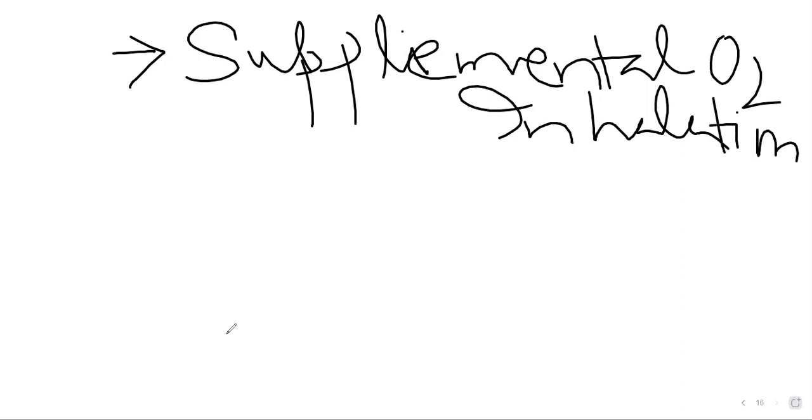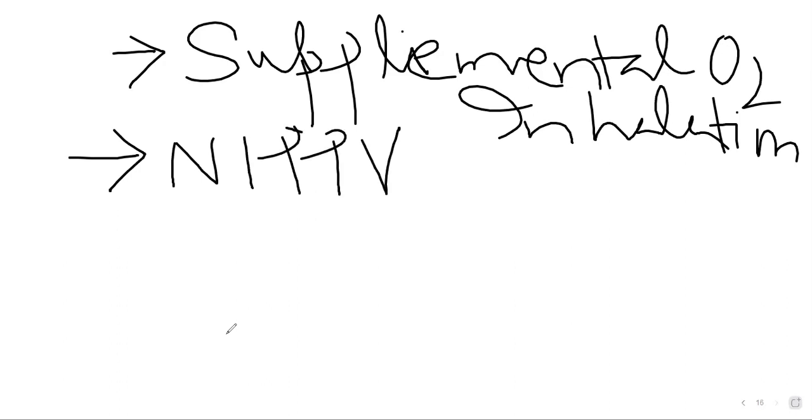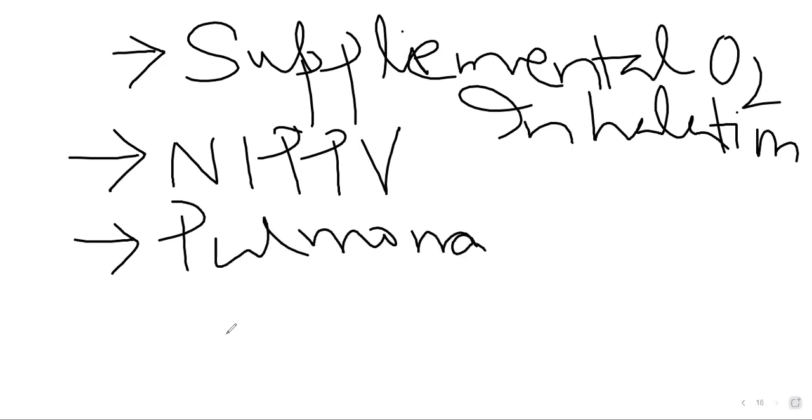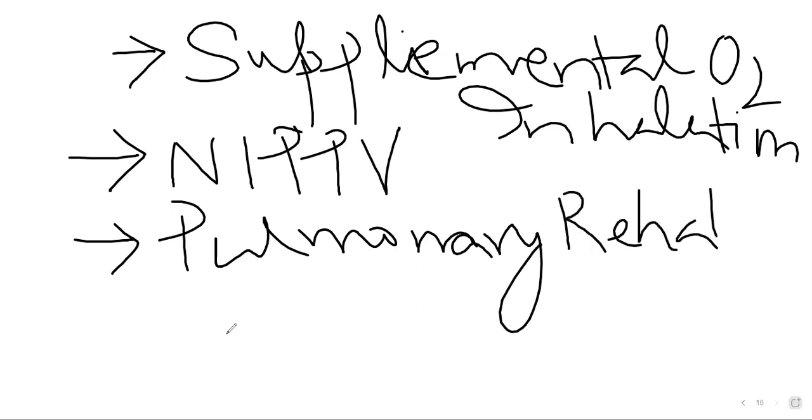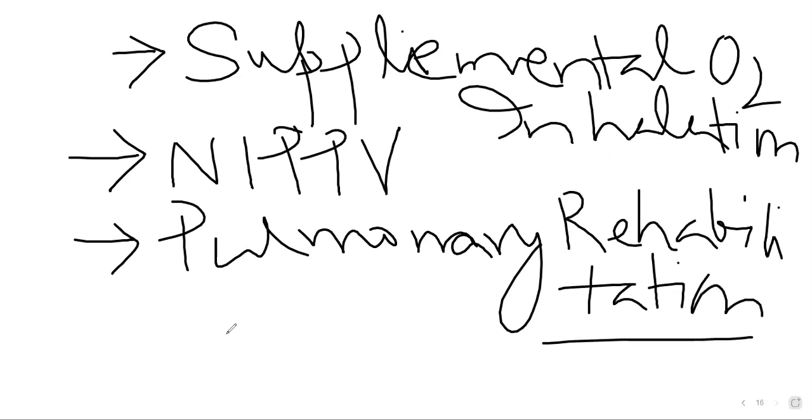Number two, you can start non-invasive positive pressure ventilation, and you can do pulmonary rehabilitation, or pulmonary exercise. So these are all about CO2 narcosis.